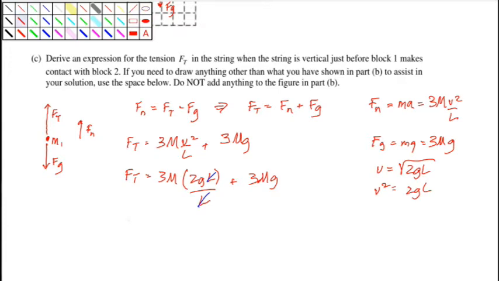What we're left with is Ft equal to 3m times 2g plus 3mg, and we can simplify that. This becomes 6mg, and the whole thing turns out to be 9mg.